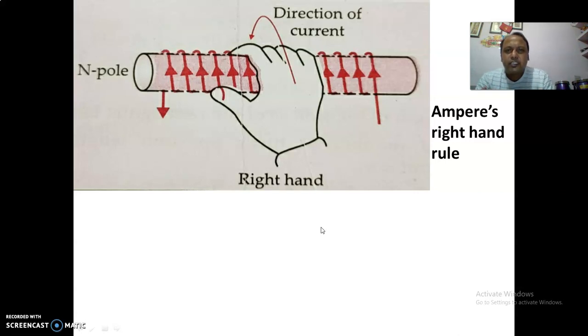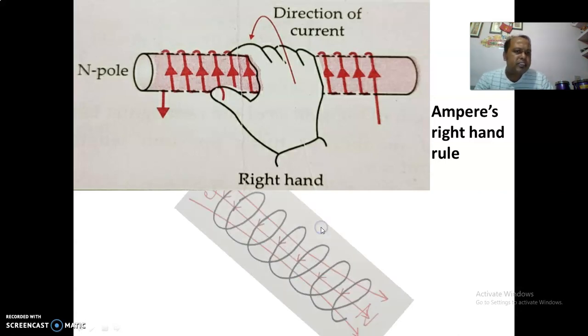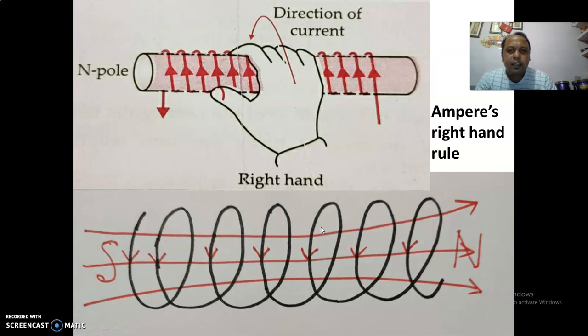We use the right hand rule in many situations. This is one situation where we hold the solenoid such that the curved fingers represent the direction of current, then the thumb will represent the direction of the north pole. The example can be taken here itself. You can see, if you consider the solenoid here, the curved fingers should be like this. So the thumb represents the direction of the north.